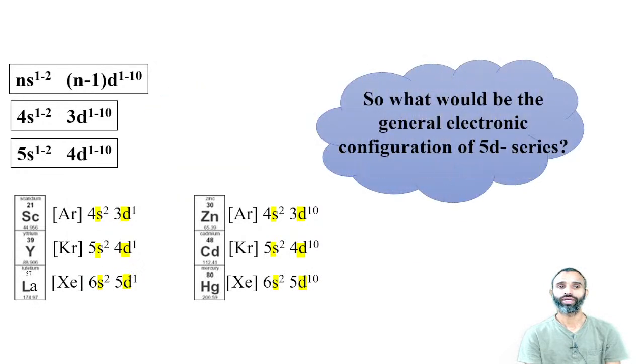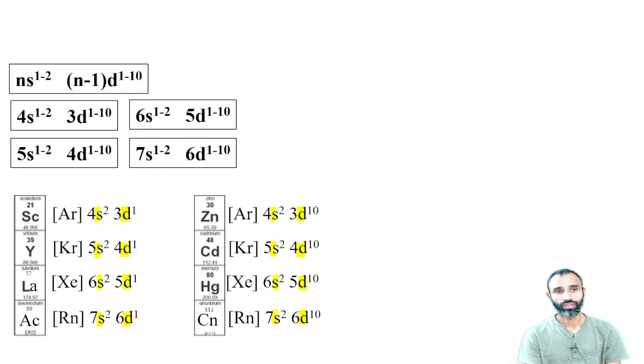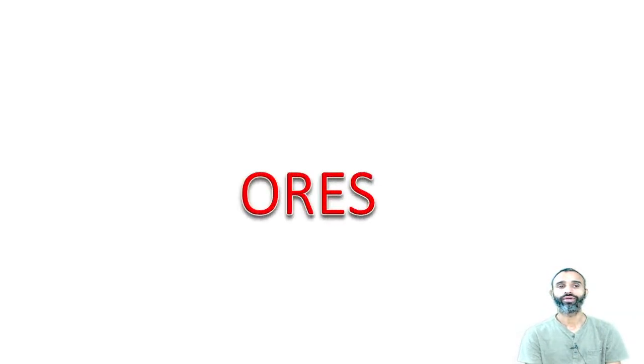Then the 5D series is 6s 1 to 2, 5D 1 to 10. The last is 7s 1 to 2, 6D 1 to 10.